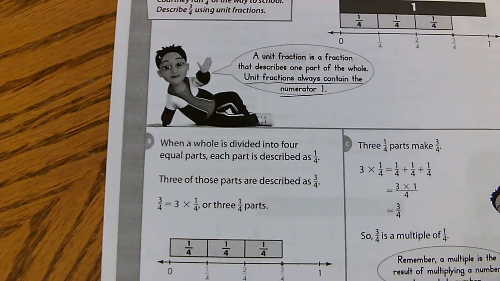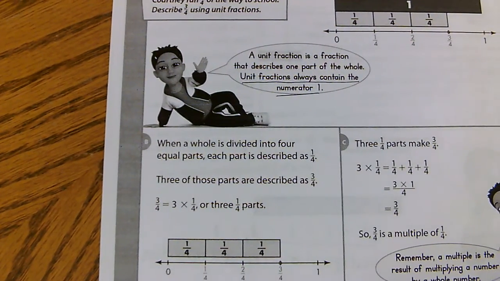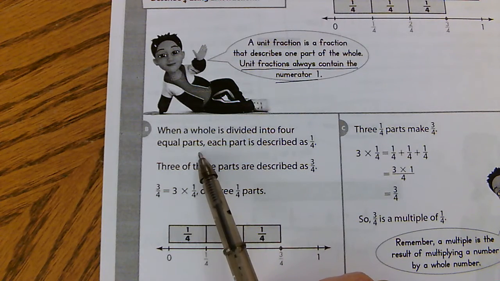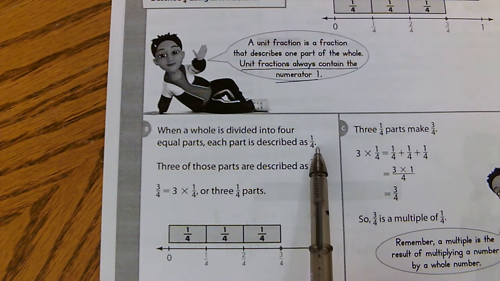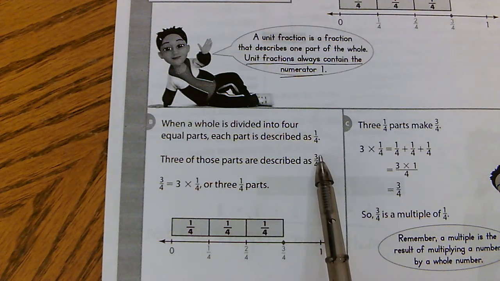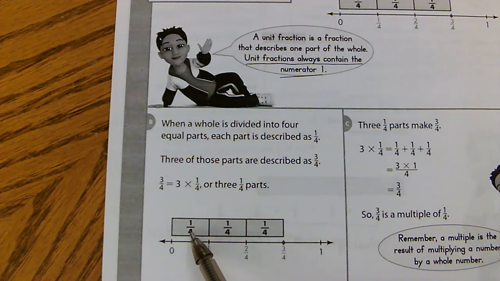So if I look down here, it says when a whole is divided into 4 equal parts, each part is described as 1/4. We know that. So 3 of those parts are described as 3/4. So if I have 1/4, 1/4, and 1/4, that adds up or can be multiplied to make 3/4.